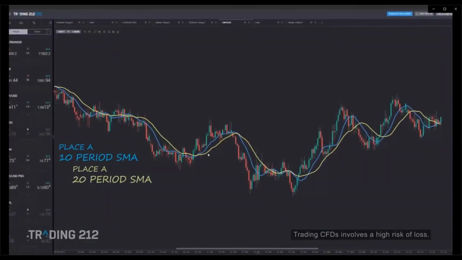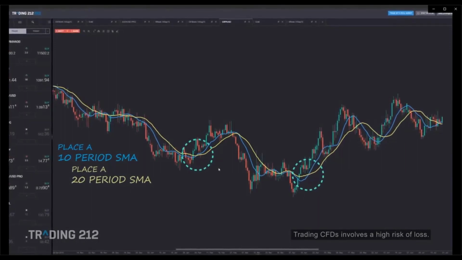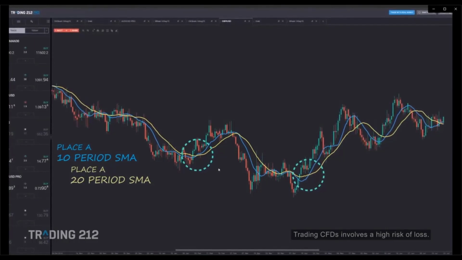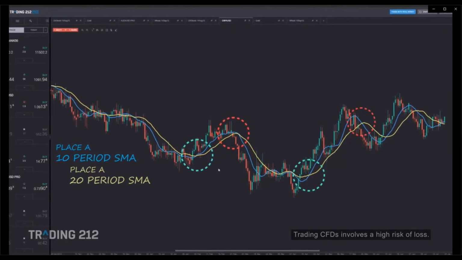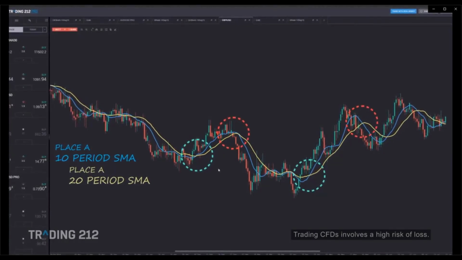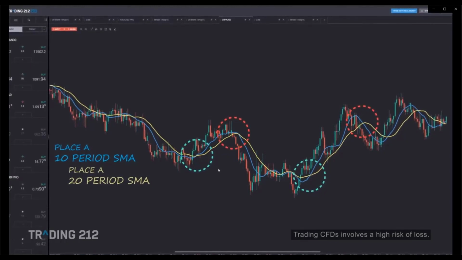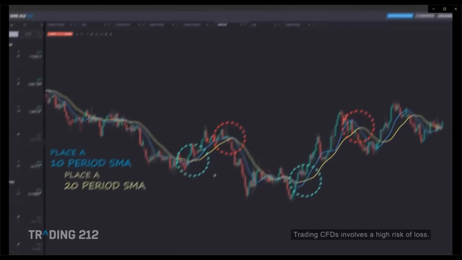When a shorter period moving average crosses above a longer period moving average, it can signal that the trend is changing direction to the upside and it may be a good time to buy. When a shorter period moving average crosses below a longer period moving average, this is considered bearish, a signal that the trend may be changing towards the downside and it may be a good time to sell. No matter which 2 time periods you use, this principle will remain the same.